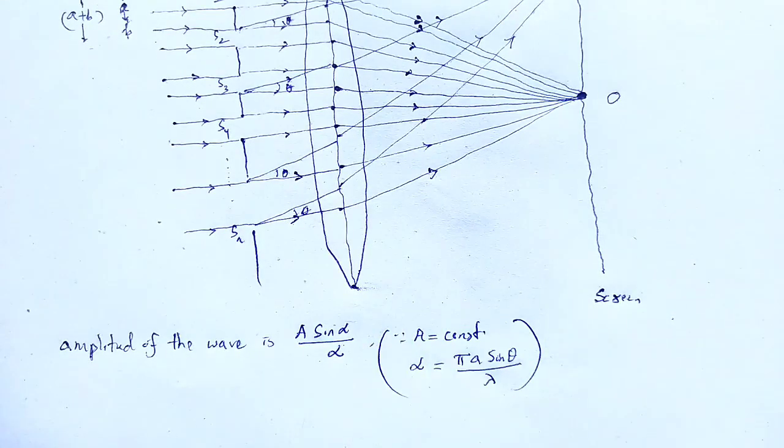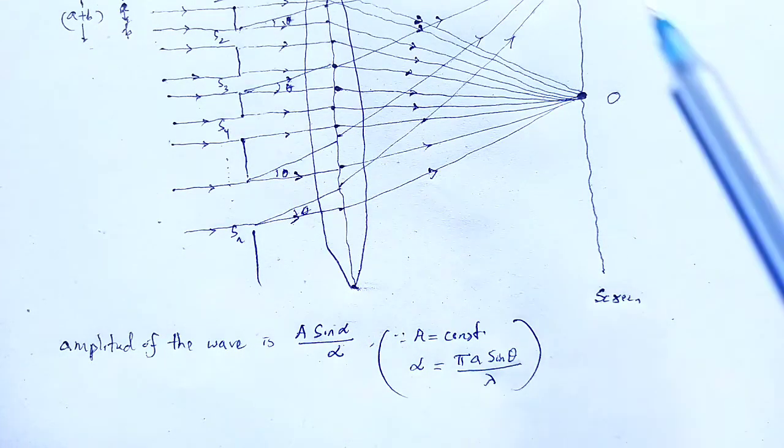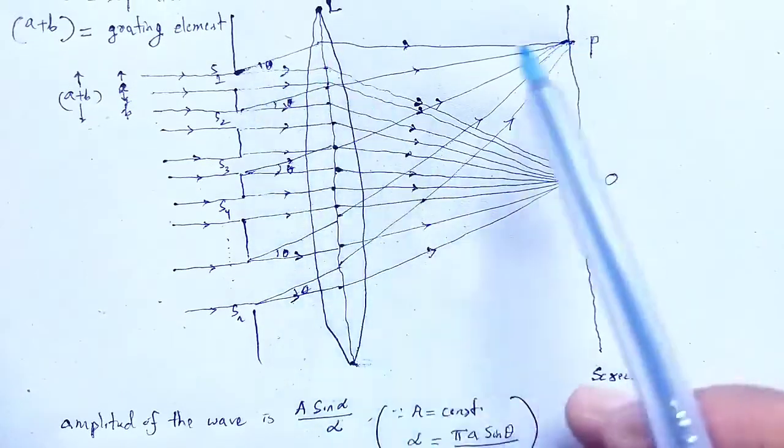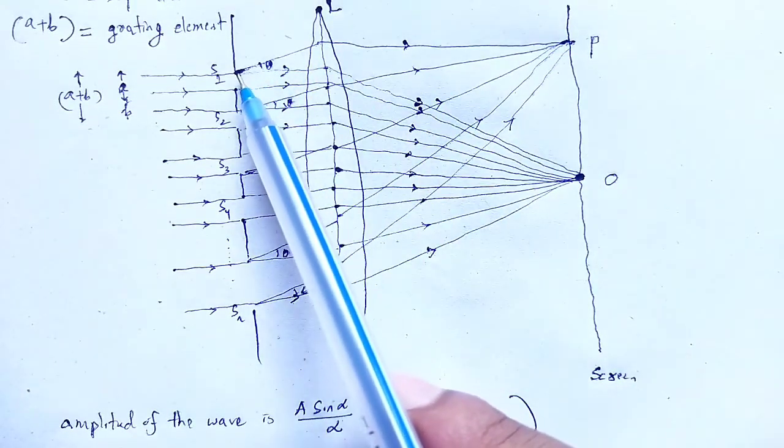That from single slit diffraction we know the amplitude of each wave from the secondary wavelets.